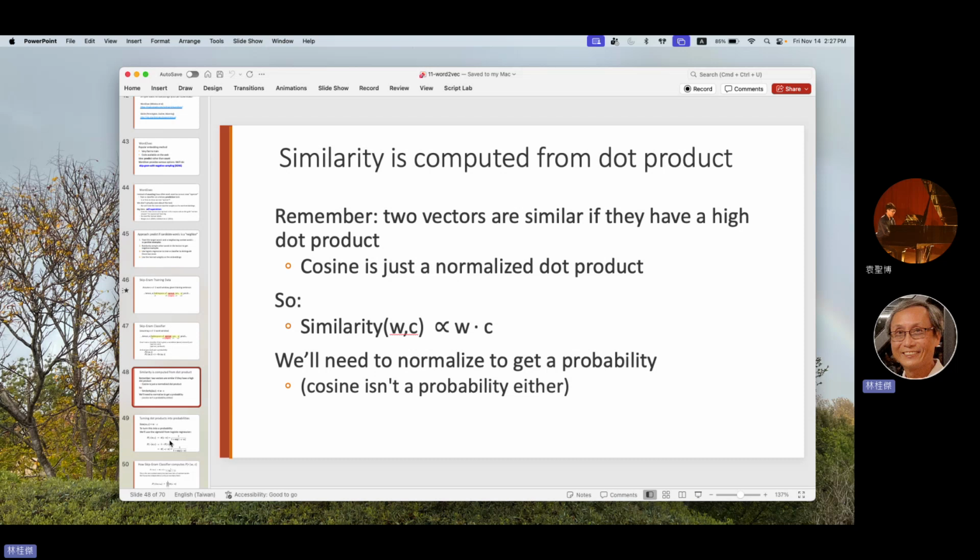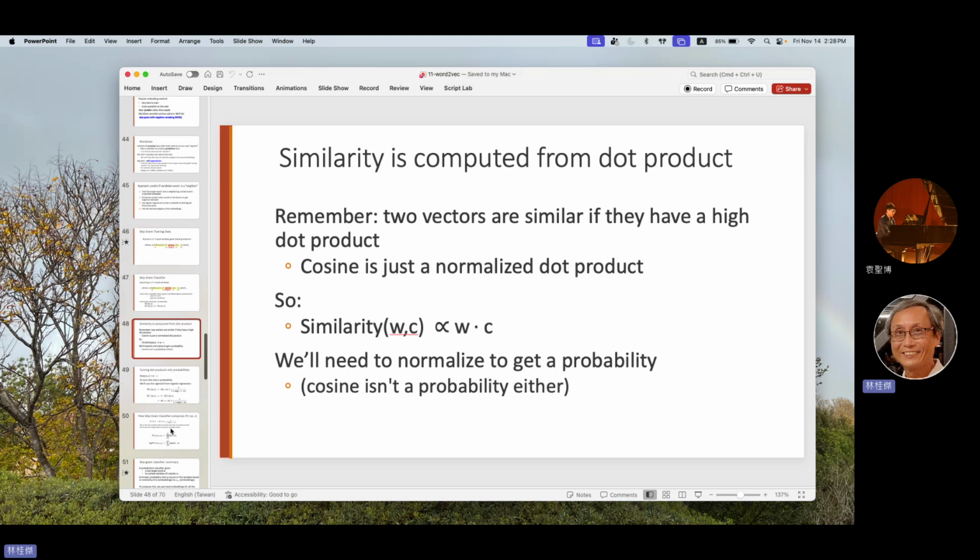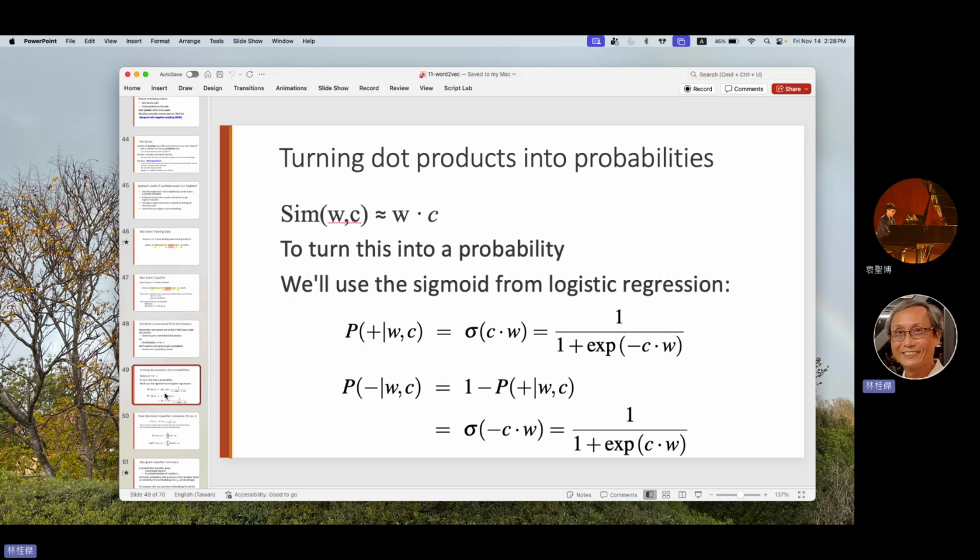After all, we need to define this as something that we can compute. So we define W to be a matrix and C to be a matrix, meaning that you have some numbers that you can play with. We define the similarity as the dot product of these two matrices.